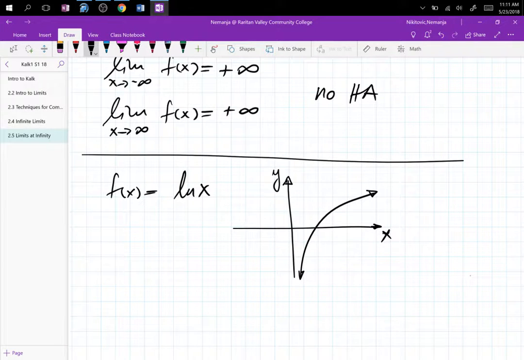Let me repeat that question. Does it even make sense to ask what is the limit as x goes to negative infinity of ln x? Does it make sense to ask the question?